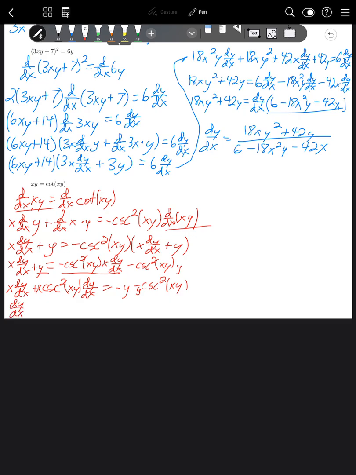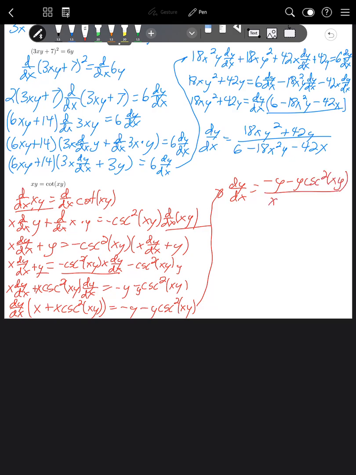So this ends up being dy/dx times (x plus x cosecant squared xy) equals negative y minus y cosecant squared xy. And then we can divide. So dy/dx equals (negative y minus y cosecant squared xy) over (x plus x cosecant squared xy).